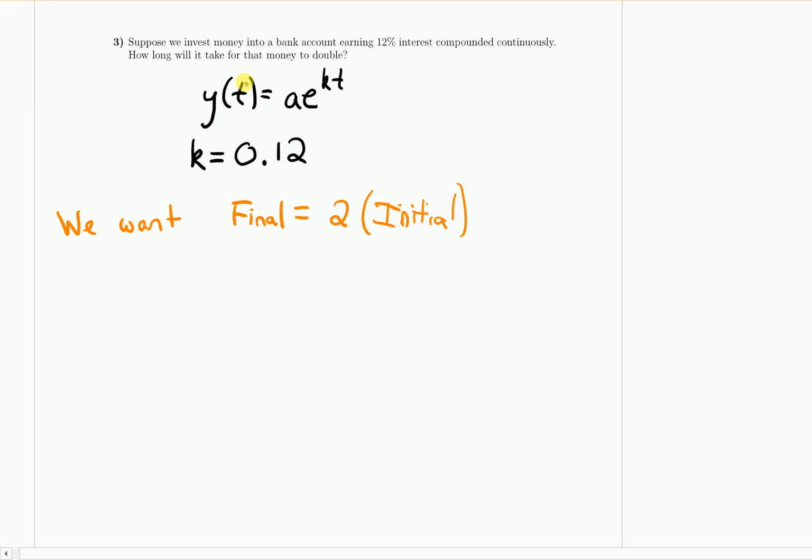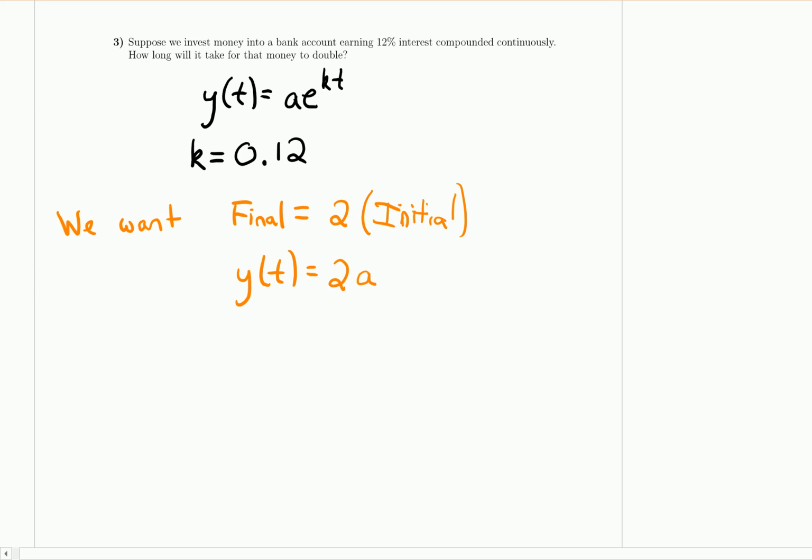The final amount is y of t. Y of t is going to tell us the final amount. The initial amount is a. So we get 2 times a here on this side. Okay. All right, so we want y of t to equal 2a.